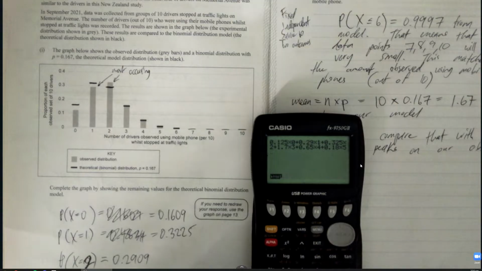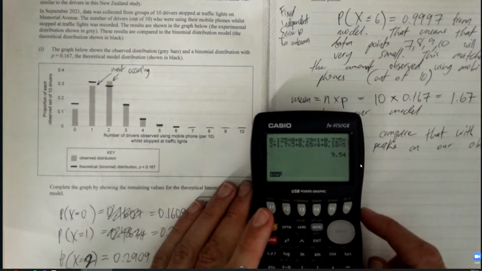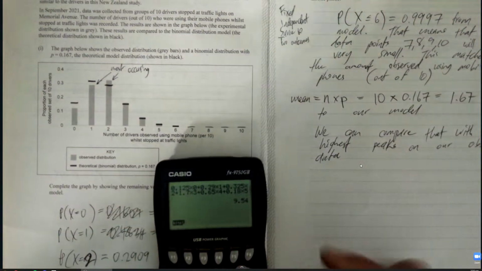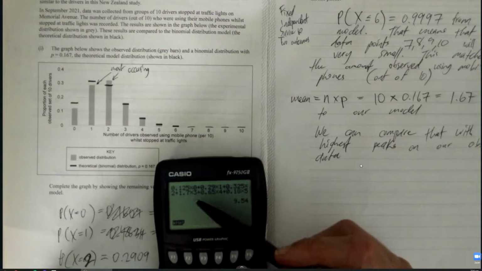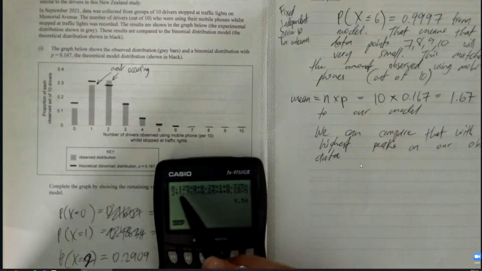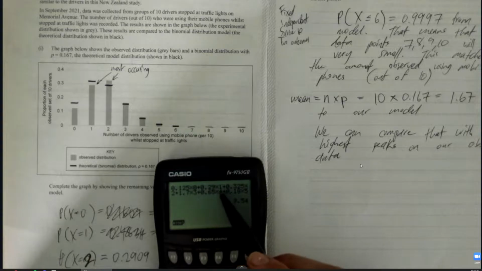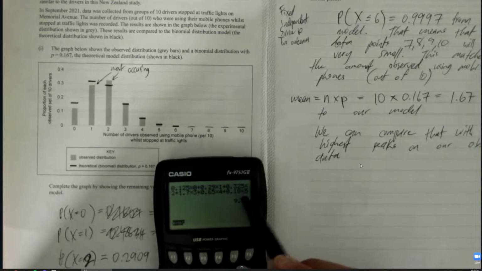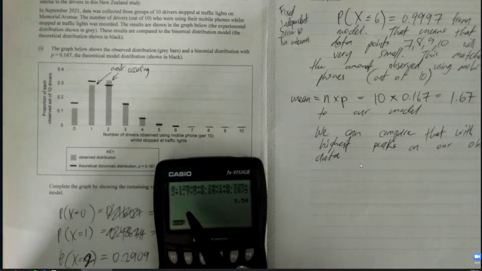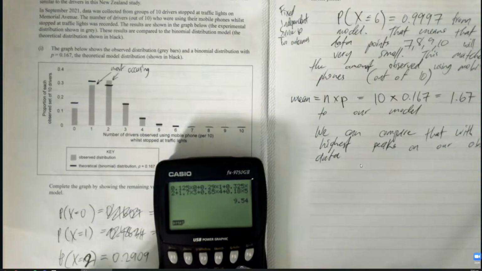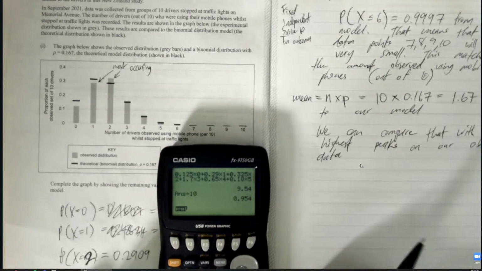And I don't know what happens at 6. What did I do wrong there? I typed something wrong. That times that, that times that, that times that, plus that times that, divided by 10. No, that's wrong. What am I doing wrong here?